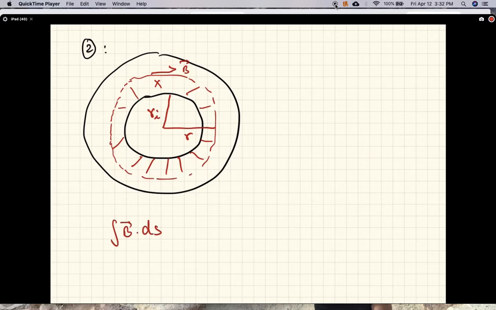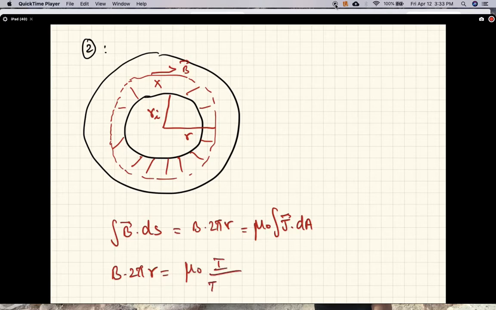So this is equal to B times 2 pi r, and that's equal to mu naught times the integral of J dot dA. So B times 2 pi r is equal to mu naught times J, which is I over pi times r outer squared minus r in squared, and that's constant, and it's just this area, which is pi times r squared minus r in squared.